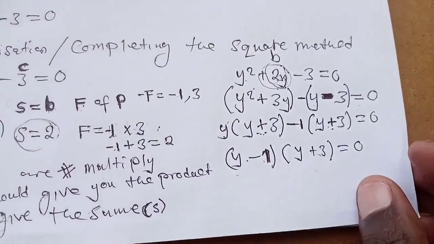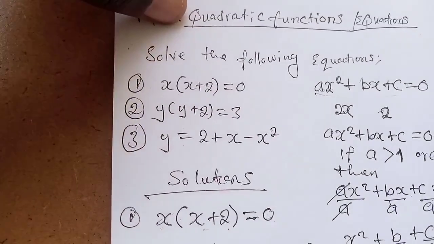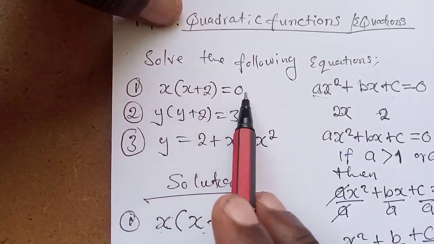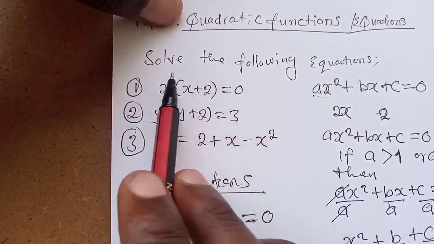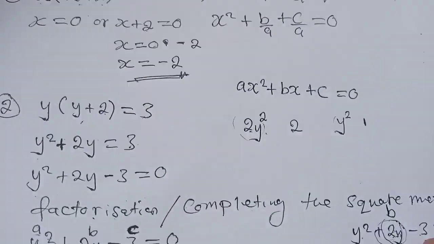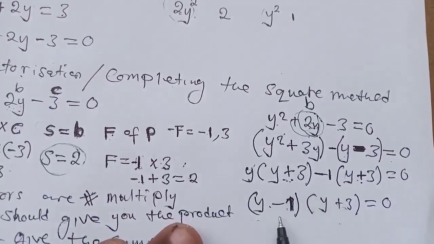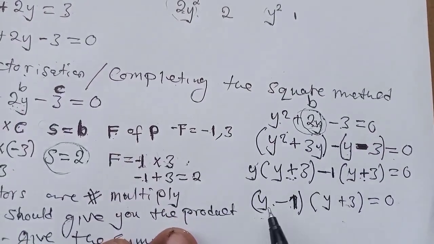So you've seen that we've reached here where these two factors are equal to 0. This is where this question was. So we are here now. We have reached here where these two variables are equal to 0. So what did we do?